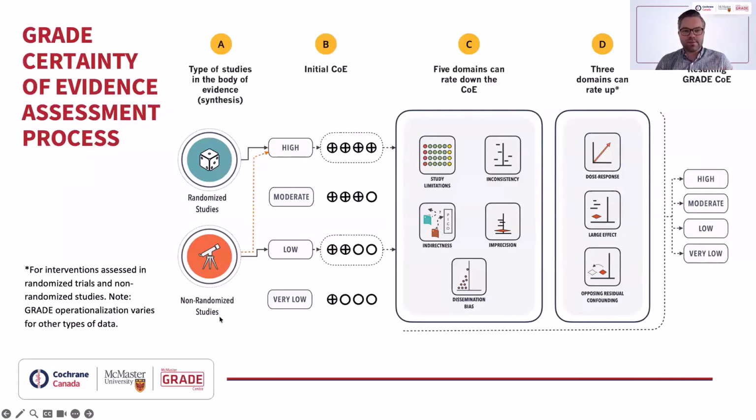This is for treatment effects, starting at a rating of high with randomized studies and non-randomized studies as assessed by the ROBINS-I risk of bias tool. And then we consider each of the 5 domains for rating down the certainty of evidence. For non-randomized studies, we then consider as well, if there are no concerns, domains for rating up the certainty of evidence, where we land on one of our 4 certainty ratings.